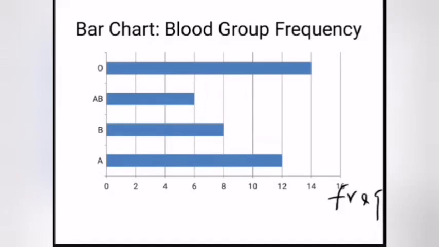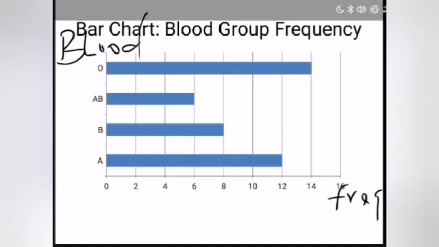Then up here, you write blood group. Just label it, write it out so the person looking at it doesn't have to crack their brains to understand what you're plotting against. So once they just see you wrote blood group up here, they know that this line is for blood group and this horizontal line is for frequency.